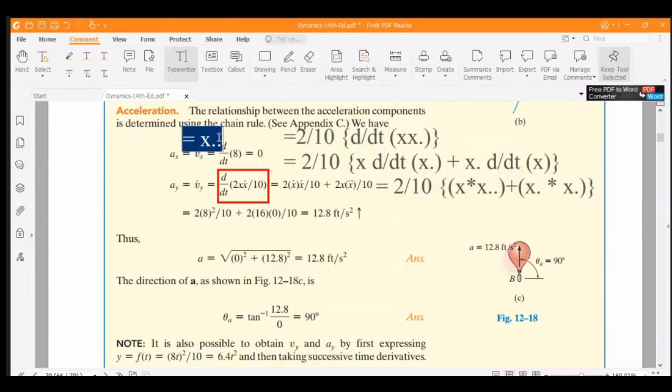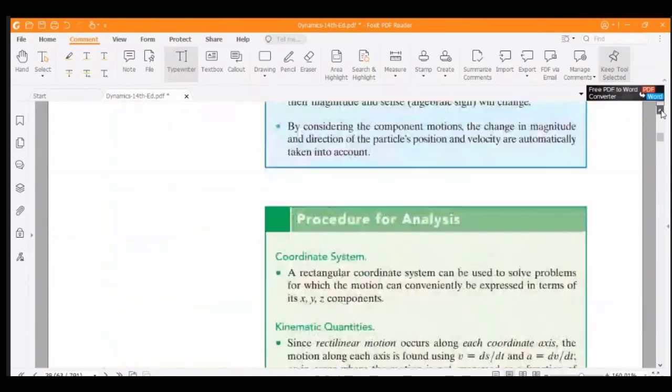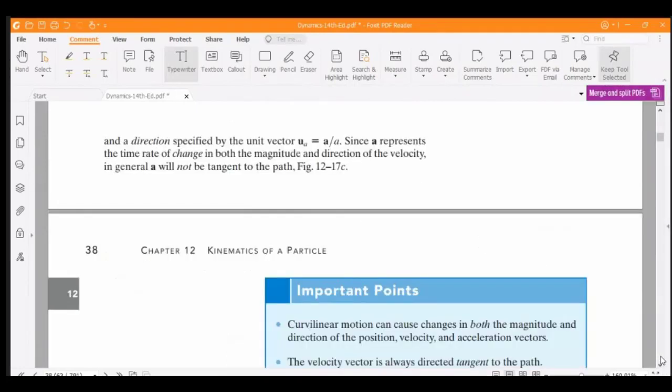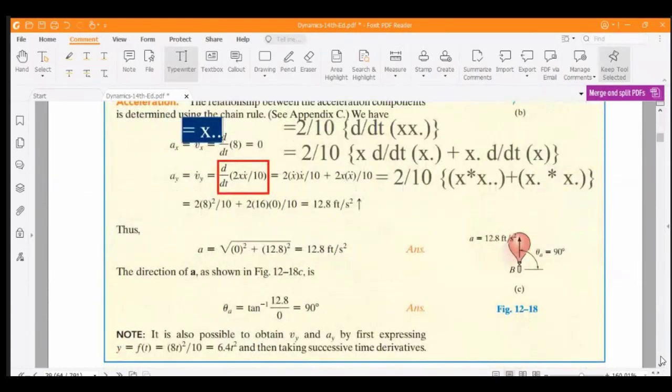V itself is x dot, so v dot is equal to x double dot. If you remember, in the acceleration we have seen this. So v equals x dot, easily. Okay, from here we know also.